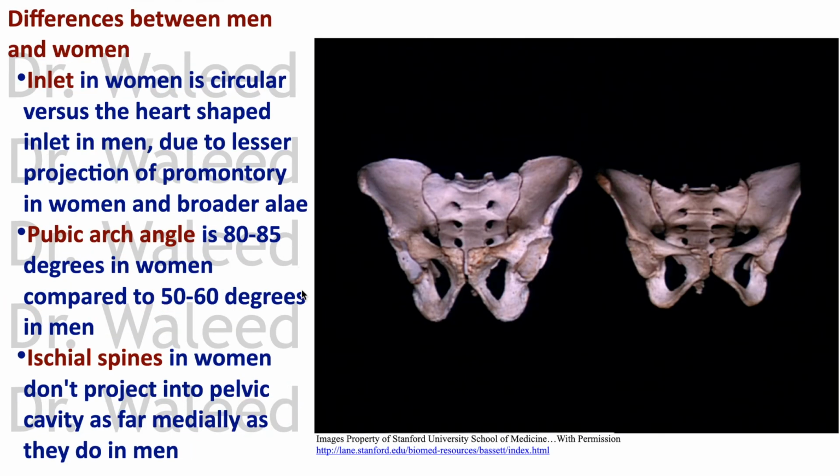The last topic we'll talk about in this lecture is the difference between men's and women's pelvises. Now, the target is to make sure that there is enough passage with no impediments to the baby.